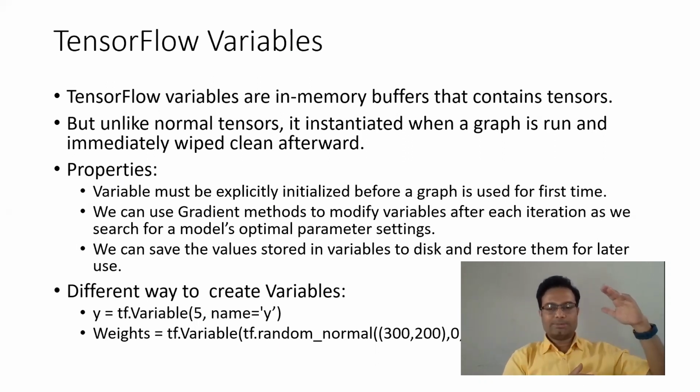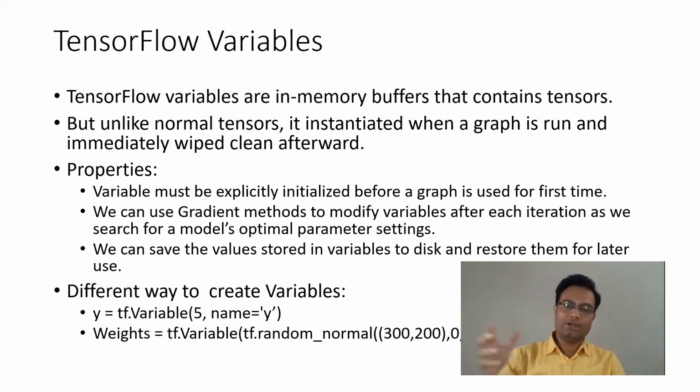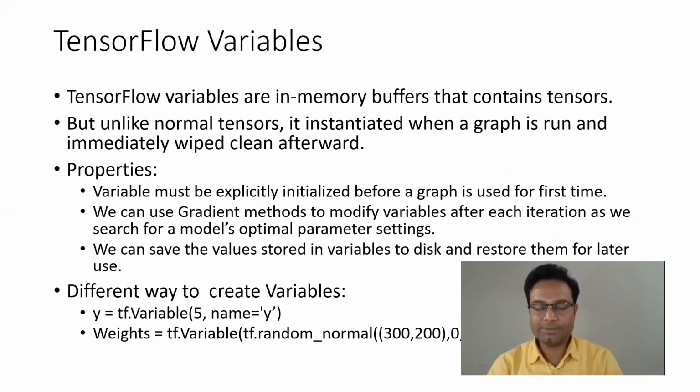First you start by randomly initializing the weights and bias, but at the end you have to tune them, and for that we use gradient descent with backpropagation. Through backpropagation we change the weights, and then again do forward propagation until we get almost the correct answers. For that, variables are required, because you have to change those values on each iteration. So variables are very useful for those calculations.